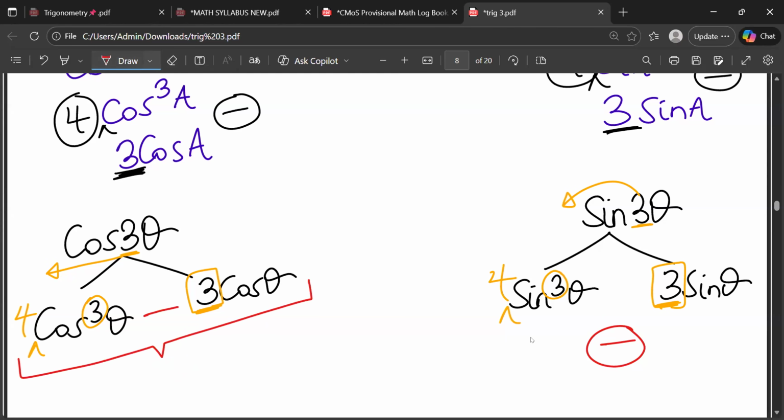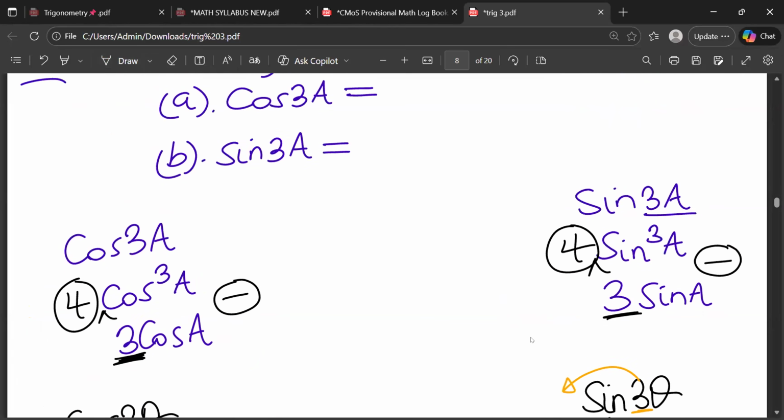But for the case of sine, it is minus, but in this direction. Do you see that? So master this, I'm going to write it. It is the cubed first for cos, but for sine, it is the cubed coming last. That's how I used to recall it, maybe.